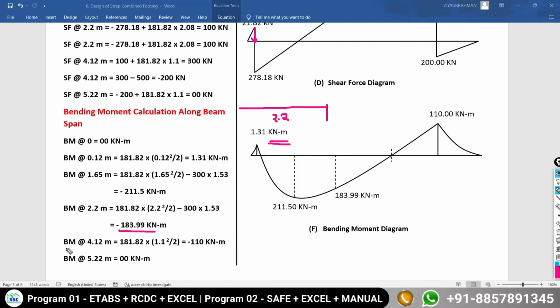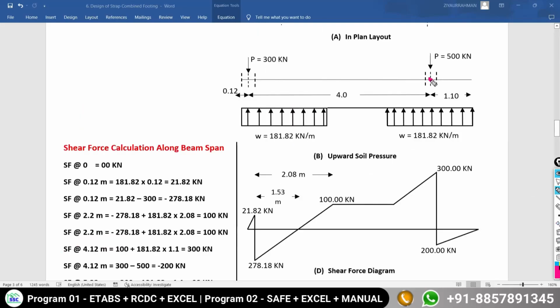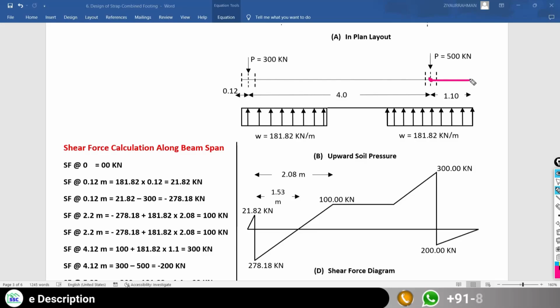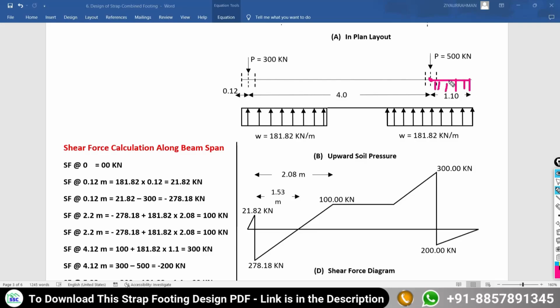Now here it is the bending moment under the column C2. Here I am going to do the calculation for the bending moment. So this much projection I am going to consider only. And how much is this projection? The span of your foundation is 2.2, half of that is going to become 1.1.